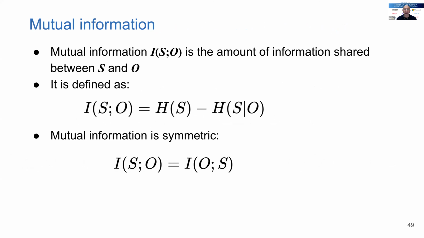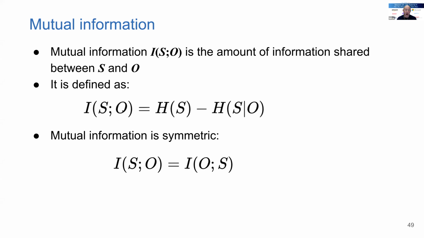So here is the formula that corresponds to the intuitive thing we said. The initial uncertainty of the secret minus this conditional entropy. Basically, what is the remaining uncertainty on the secret given the observation? If we take that difference, what we get is called mutual information. It also happens to be symmetric. So, mutual information between secret and observable.